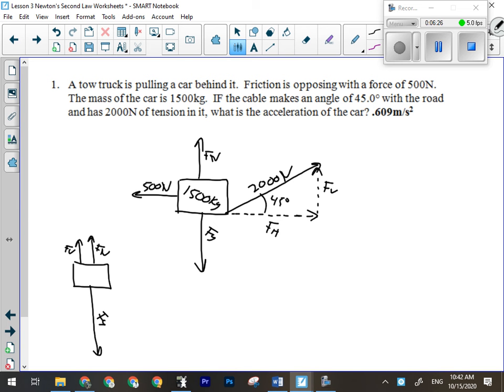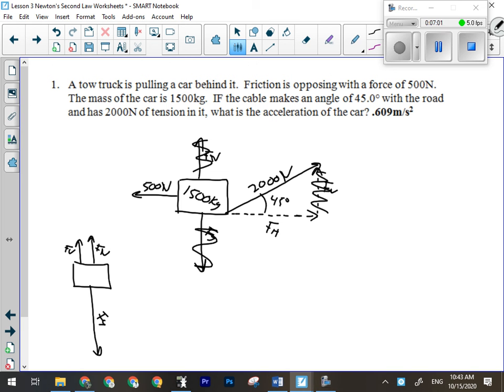Okay? So even though this force and this force might be present, they're not important because the question told me that the car is moving only in a forward direction. So in that way, this force is only important in order to get me what? Yeah, the horizontal component. Okay? The car isn't moving 45 degrees above the horizontal, it's moving horizontally, which means I only need to know the amount of that 2,000 newtons that's actually pulling forward.